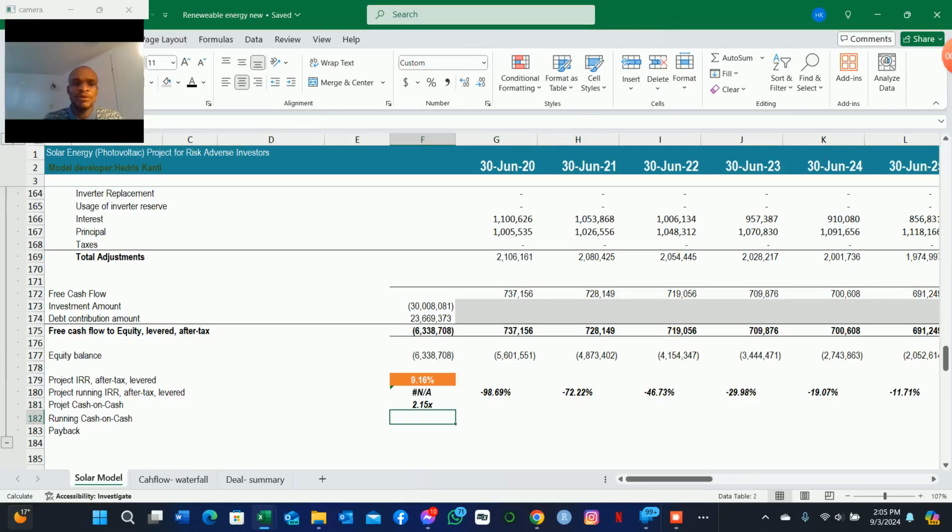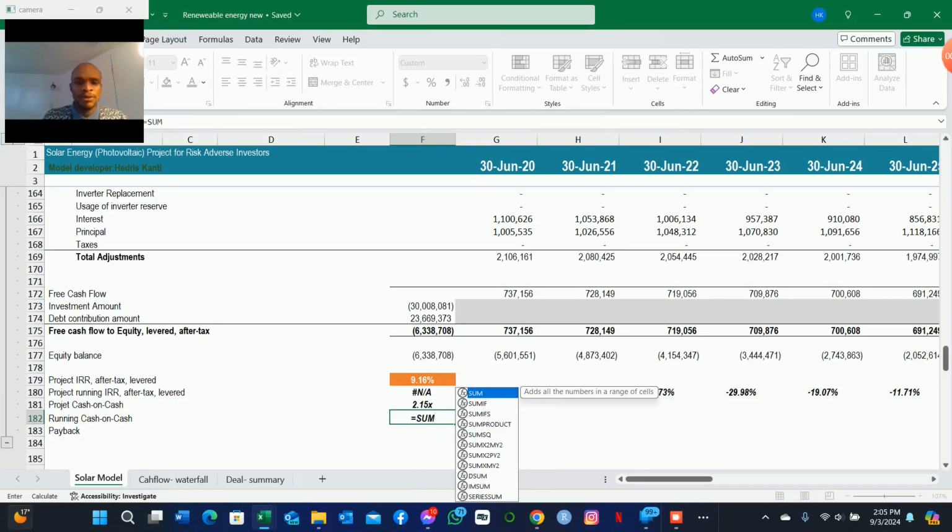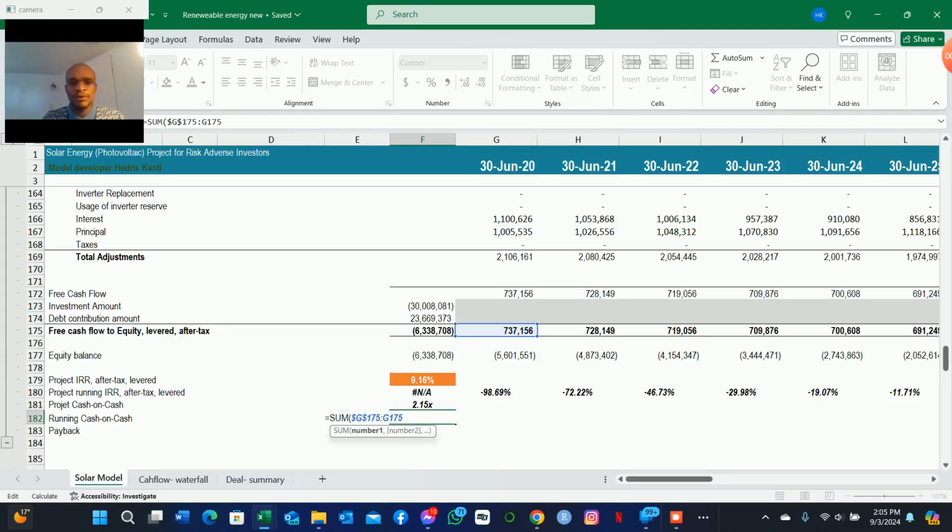And then to calculate the running cash on cash, we go by the sum as well. But this time around, we will reference just one cell, first referencing that with F4, and then we divide it by the initial investment amount, which is this cell, referencing that with F4, and then we press enter.